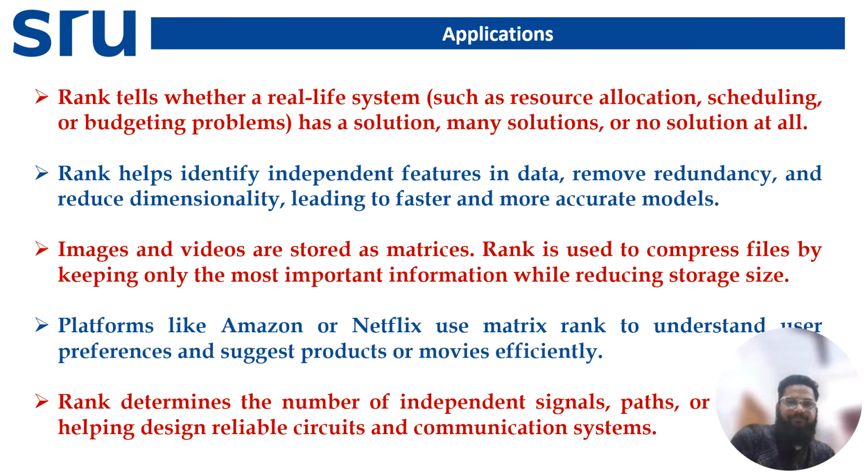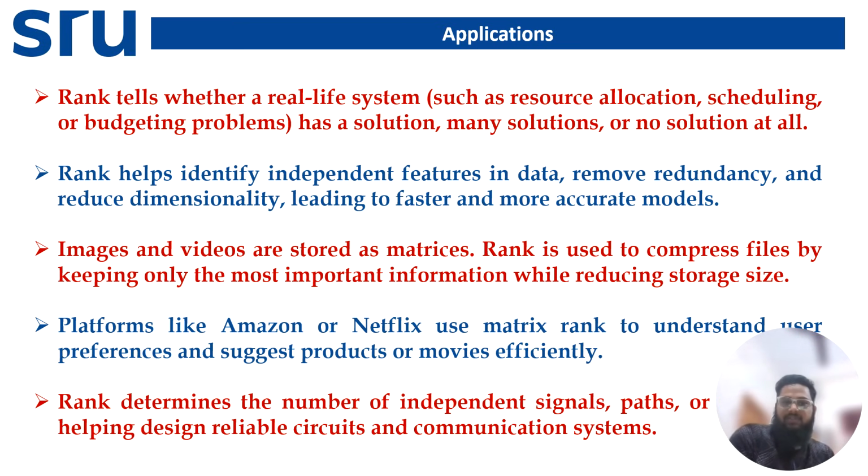And if you see in data, rank helps identify independent features in data and their dimensionality, to reduce the dimensionality and remove redundancy. So all these are applications of rank. If you store images and videos as a matrix, the rank is useful to compress the file, because it helps reduce the storage size.